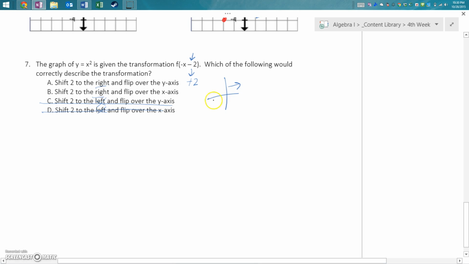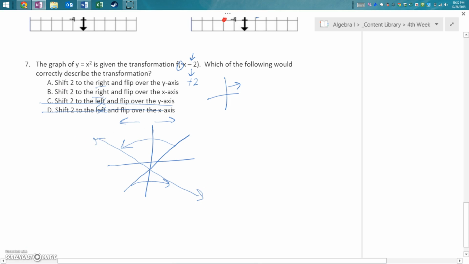So if I have a graph, and I'm going to try to be as detailed with this as I can, if I have a graph and I want to do a horizontal, that is left and right, reflection, then that's what this negative here is doing, as we talked about in class. Then what I'm going to be doing is reflecting my graph like so.